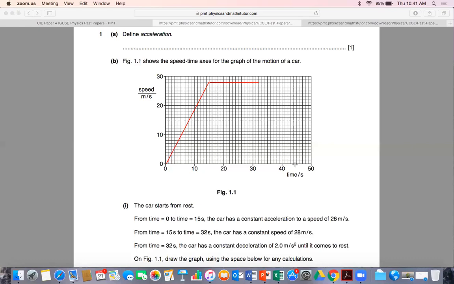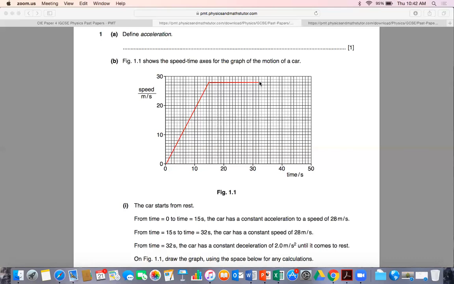No, you need to calculate. So the car has a constant deceleration of 2 until it comes to rest. So from 28, up here is 28, I'm decelerating, going down until it comes to a rest.